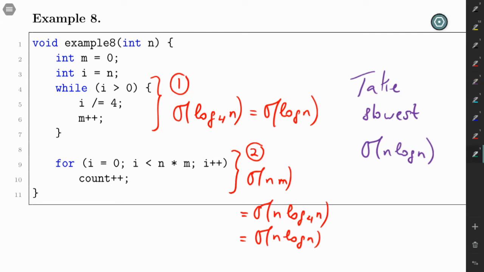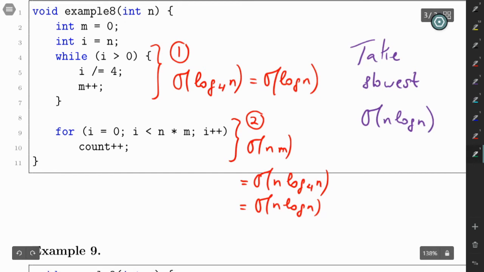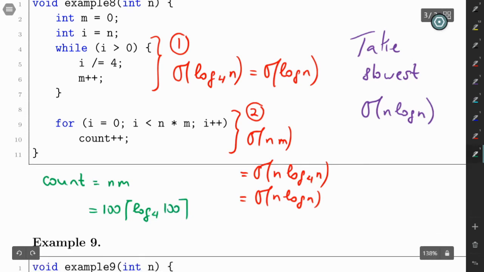So then to get the count, we want to compute this product of n times m, really. We know n is 100, and we know m is just going to be the ceiling of this log. This is how we did the previous analysis with the log, where we took the ceiling. In terms of powers of 4, 4 to the 3 is 64, and that's the highest power of 4 that can go into 100 without going over 100.